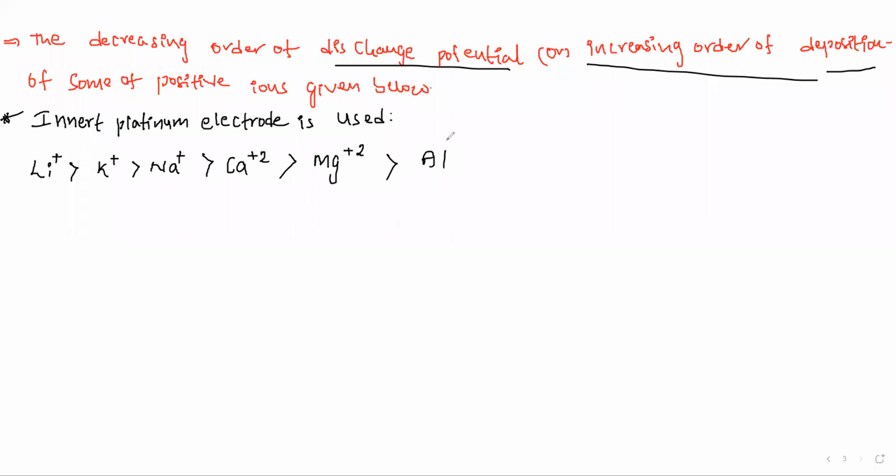This is almost like the electrochemical metal series only.